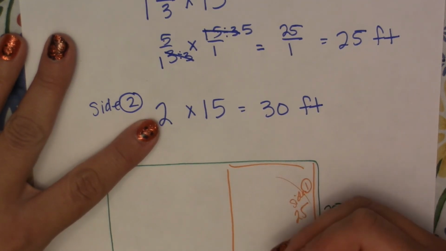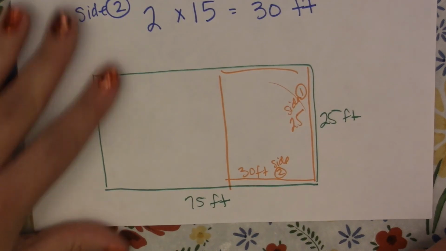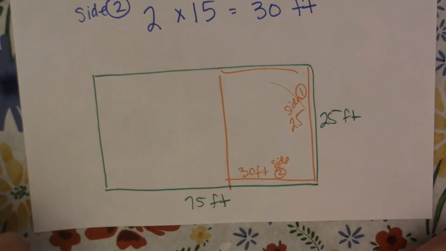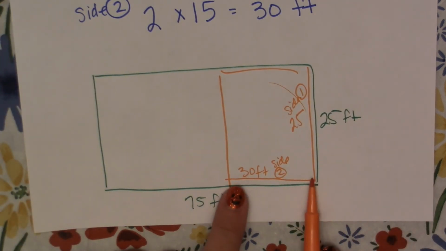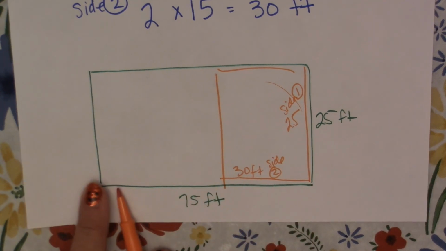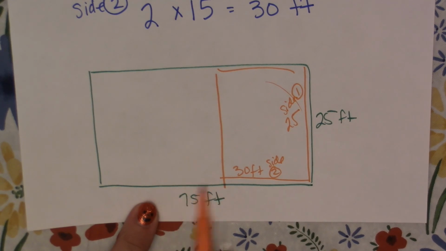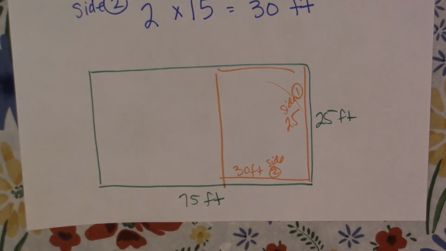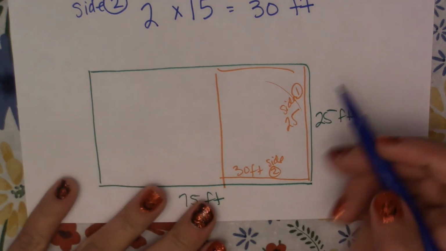So yes, that basketball court will fit. And actually, if they wanted to, they could put another one in because they would still have a little extra. They could do 30 feet here and then have 15 feet in between. So our final answer is yes, there would be enough room.